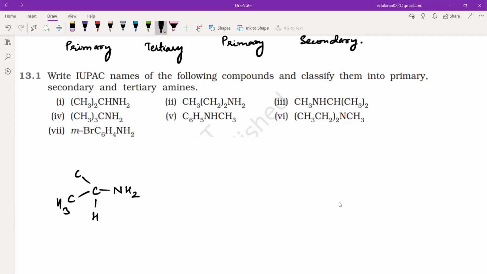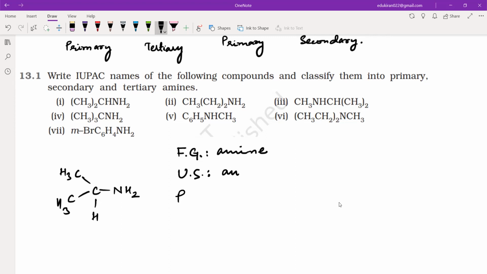First of all, identify what is the functional group here. Amine. Yeah, amine. Then the unsaturation. Unsaturation means, does it have a double bond, triple bond, or only single bonds? Single bonds, right? So it will be an.